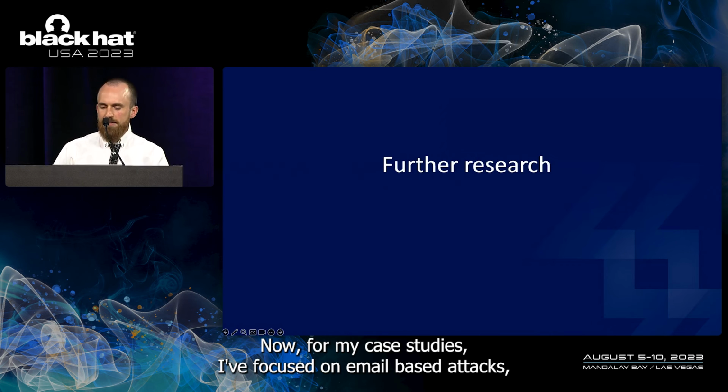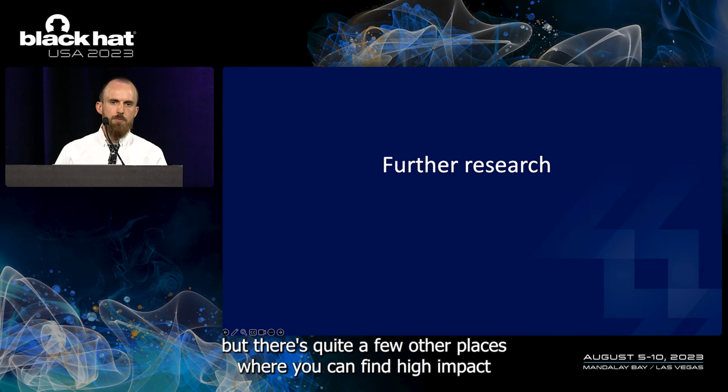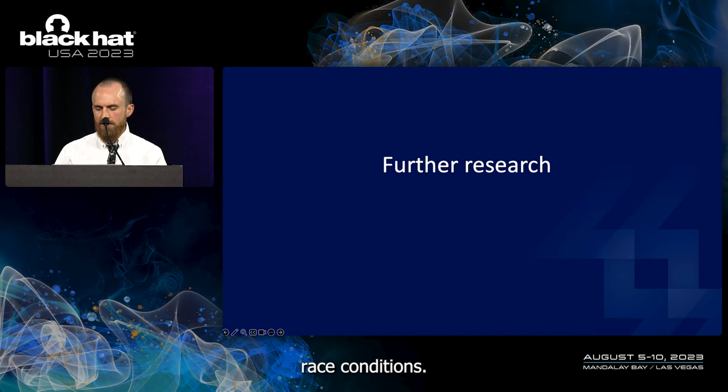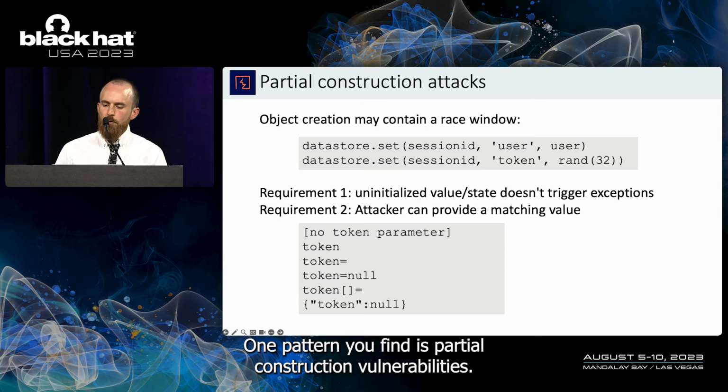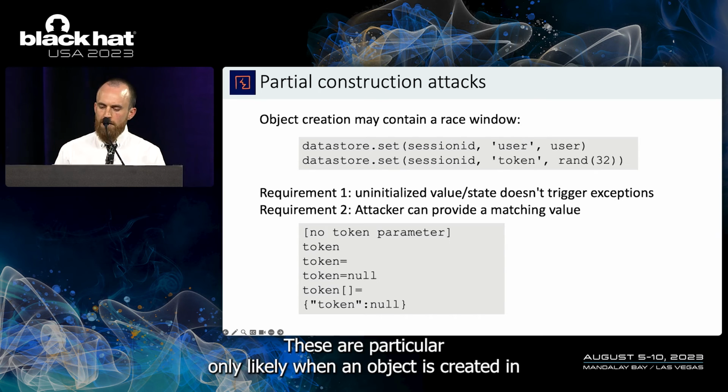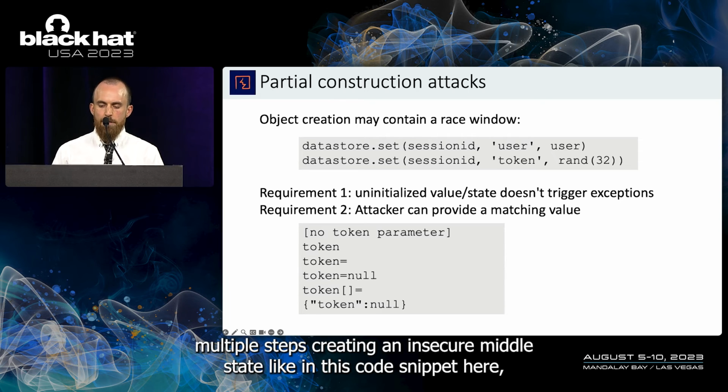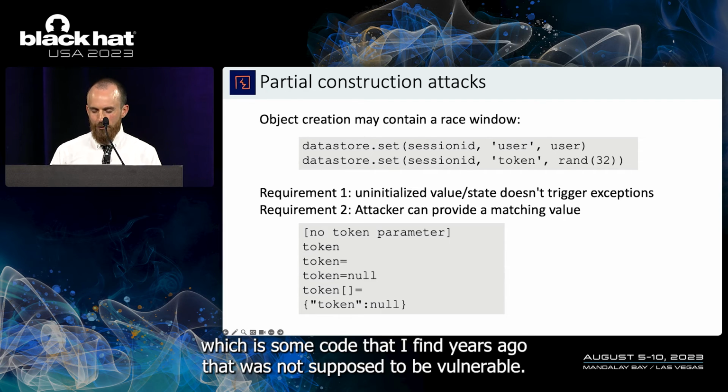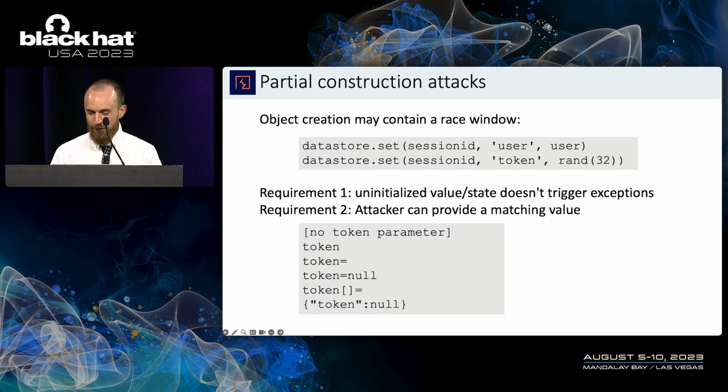Now, for my case studies, I focused on email-based attacks, but there's quite a few other places where you can find high-impact race conditions. One pattern you'll find is partial construction vulnerabilities. These are particularly likely when an object is created in multiple steps, creating an insecure middle state, like in this code snippet here, which is some code that I wrote 5 years ago that was not supposed to be vulnerable.